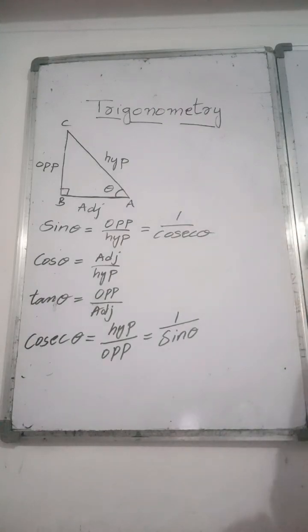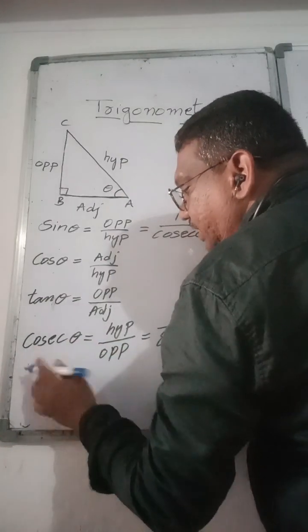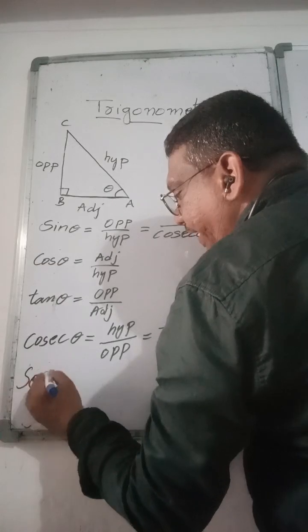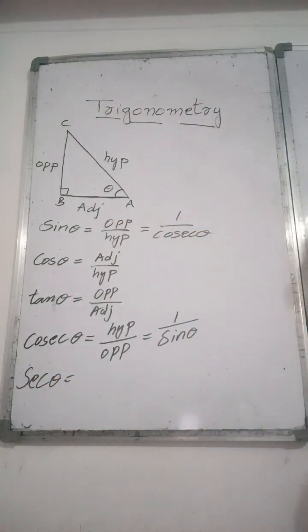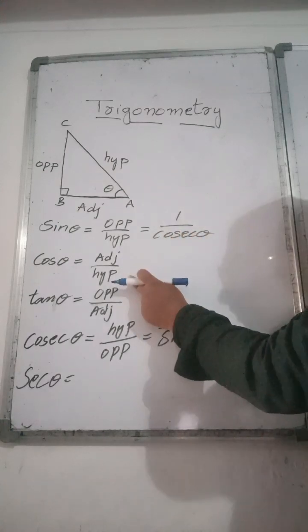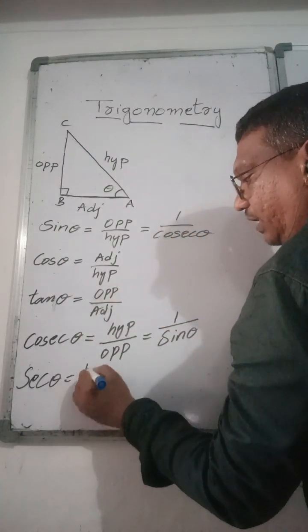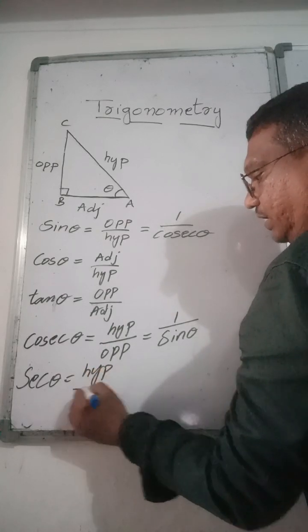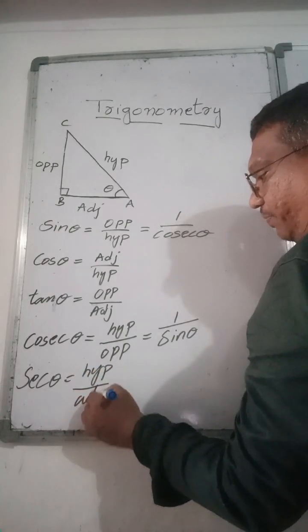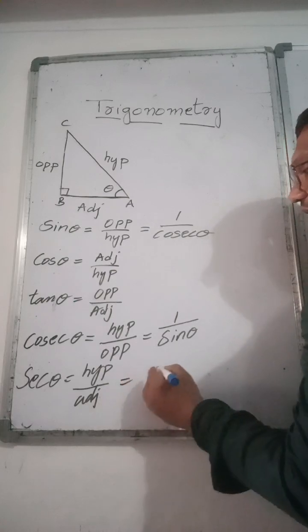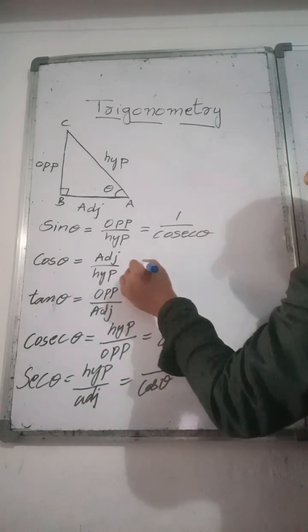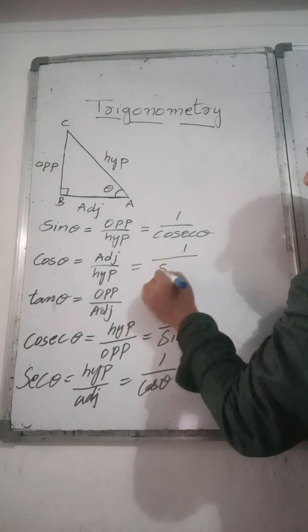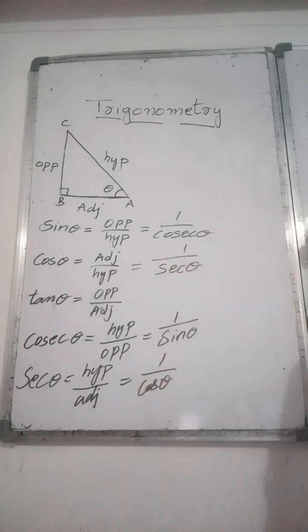The next is sec theta. Actually it is secant theta, but in the short form we say sec theta, and it is the reciprocal of cos theta. Cos theta is adjacent by hypotenuse, so this will be hypotenuse by adjacent. Cos theta is the reciprocal of sec theta.